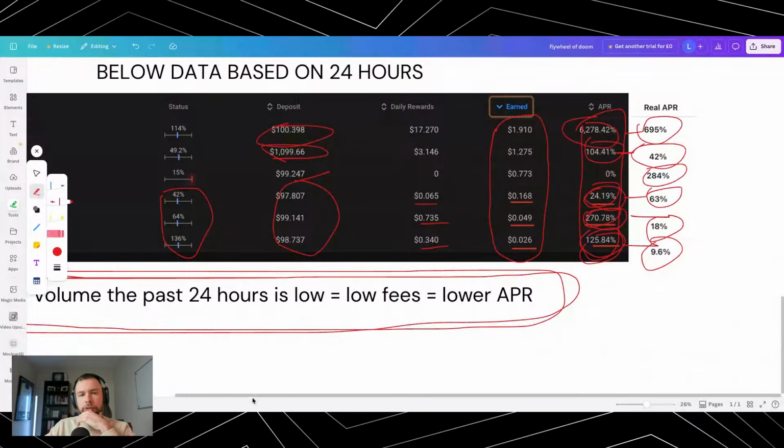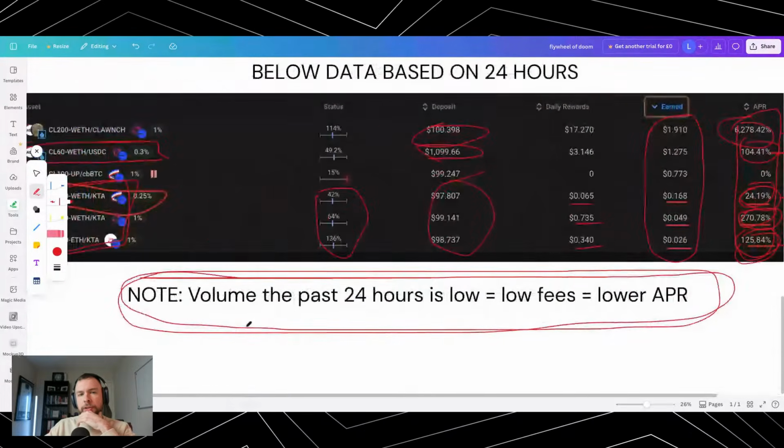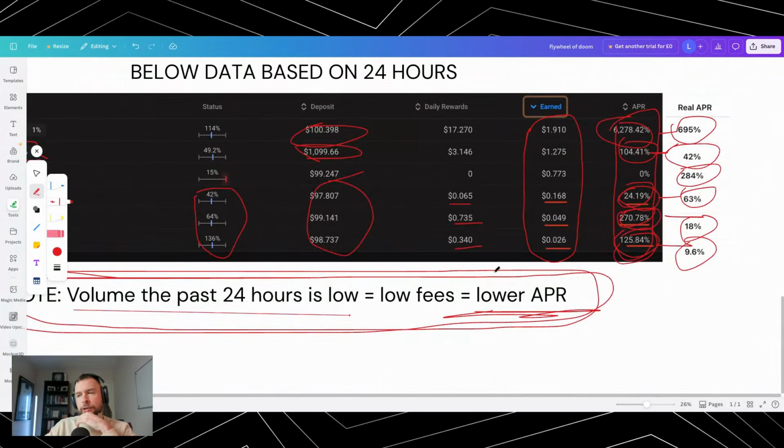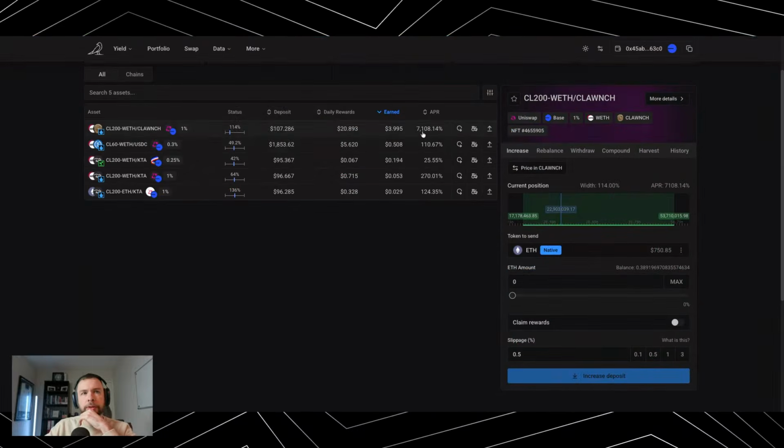However, when the volume is low, and I'm going to show you for a particular pool, it means a lower APR than stated on here. And these fluctuate all the time, because if you look at them now, this is saying 7,000%, and a lot of these have varied.